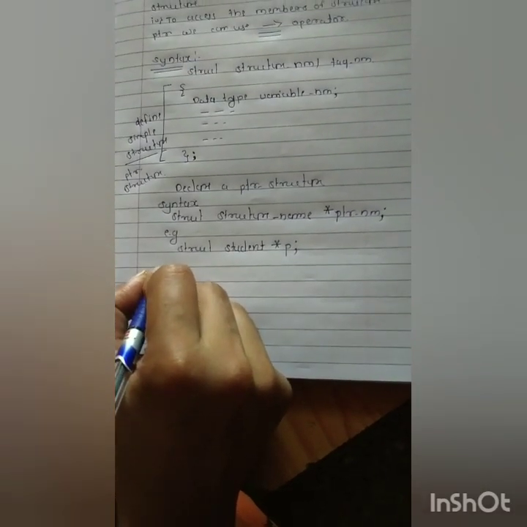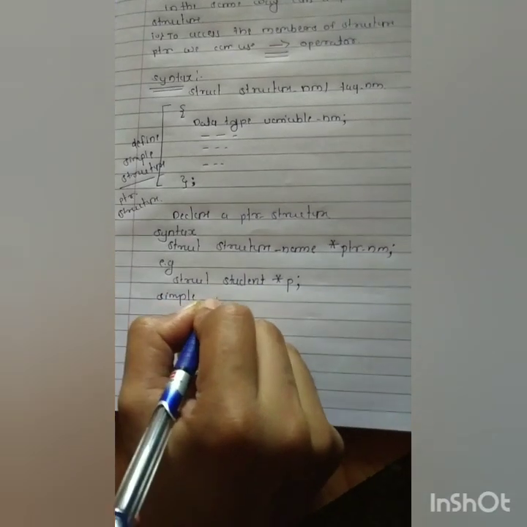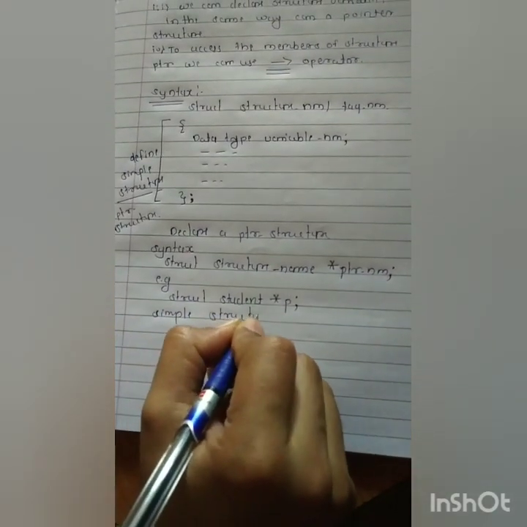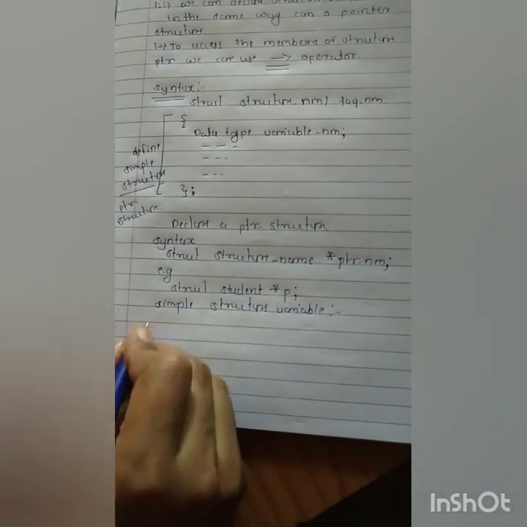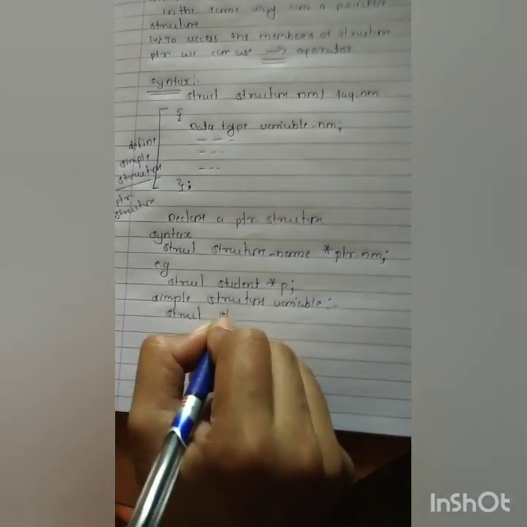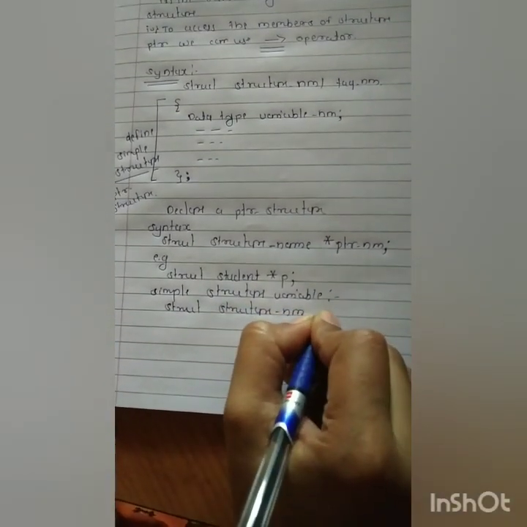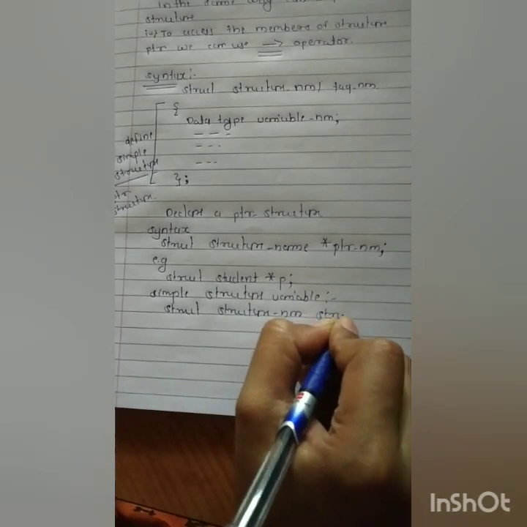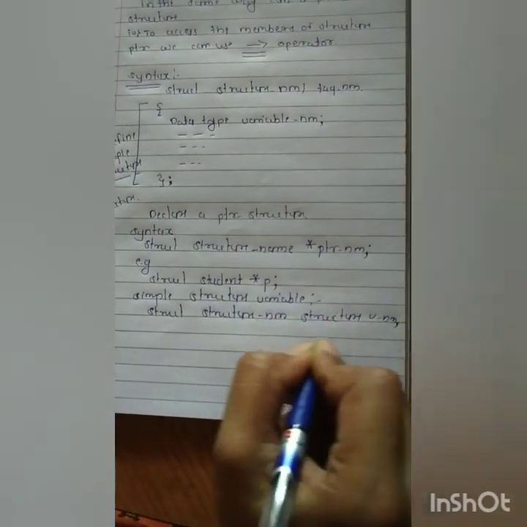Simple variable: we can declare a simple structure variable. The syntax of a simple structure variable is the struct keyword, structure name, and the simple structure variable name.